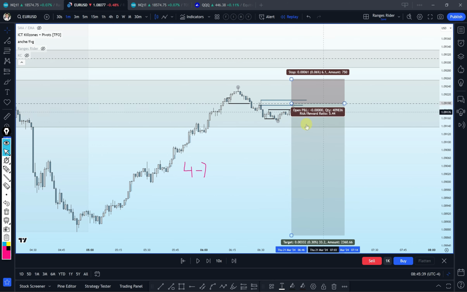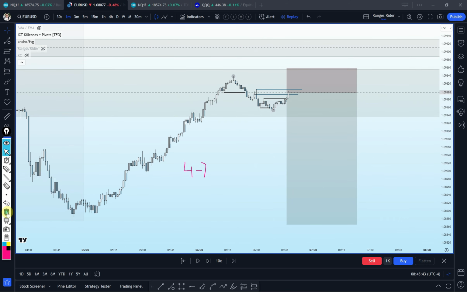And now this seems much better to me. I don't say who is right or wrong. If you want the 10R which I showed initially, it all depends on you and how you set up your trade. I will personally set up my trade to enter here, and I will check that if my stop loss is here and this is my TP, what will be the RR.